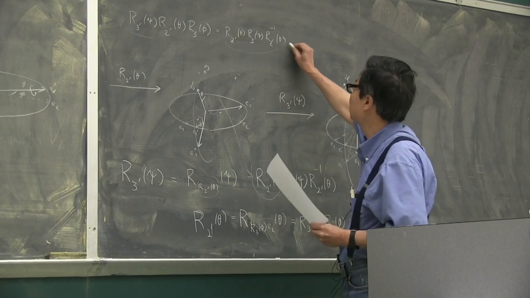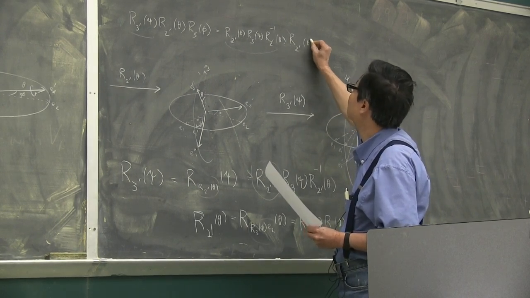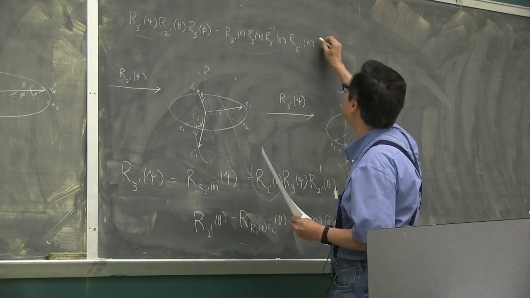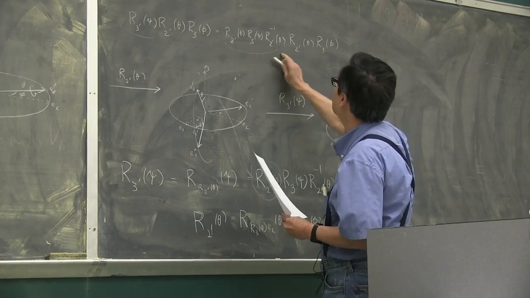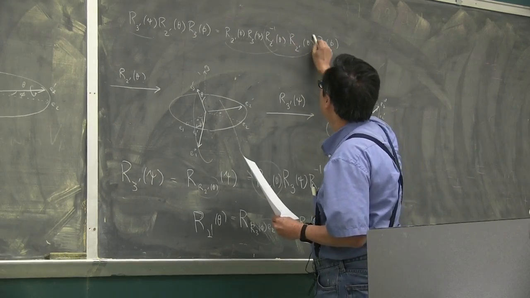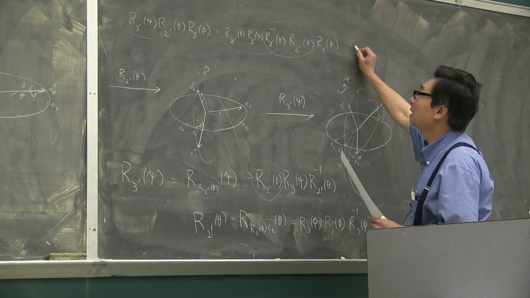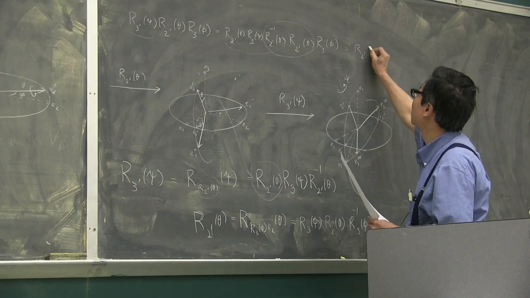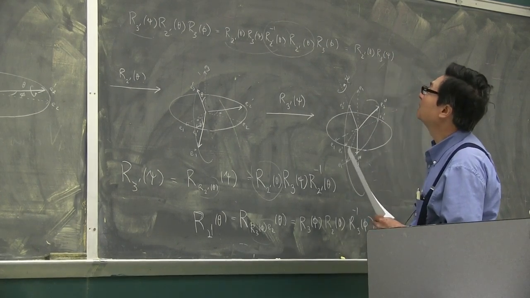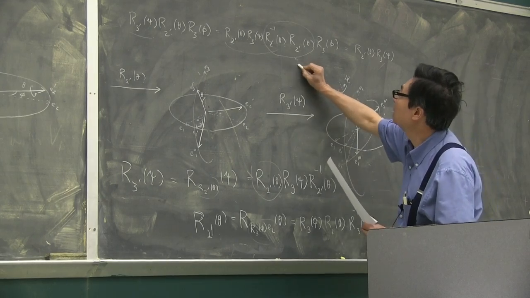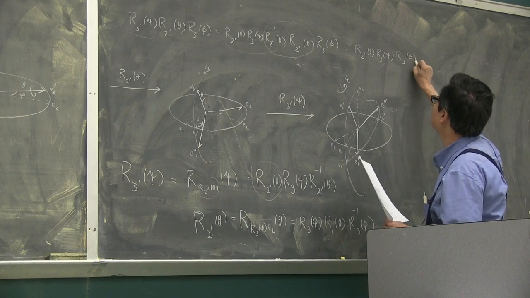Well, let me write the rest of the stuff. Oh, actually, let me just write this because there's a cancellation here, okay? Let me just write R2 prime theta R3 phi. And so conveniently, these two collapse to the identity because one is the inverse of the other, so that I have R2 prime theta R3 psi. It's just the identity. And then I just have R3 phi like that.